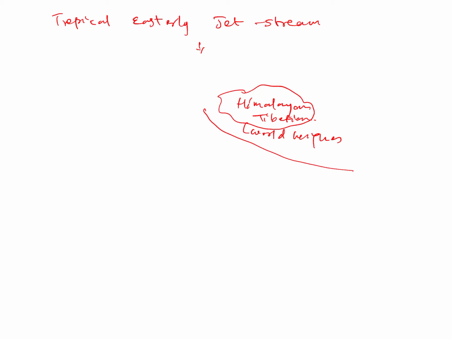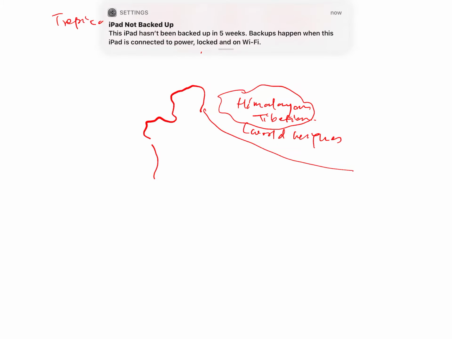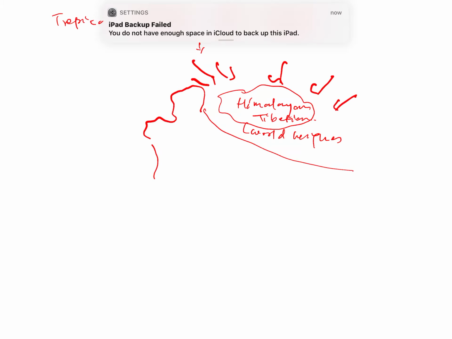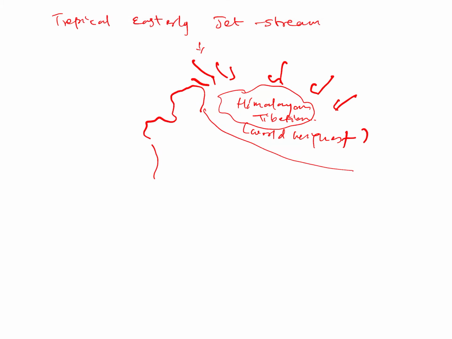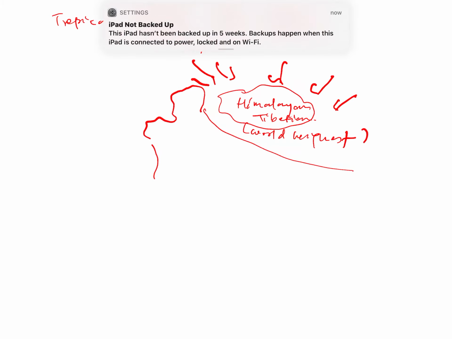So in this highest topographic region, in summers, it receives more insolation, and a high region receiving more insolation gets heated up.